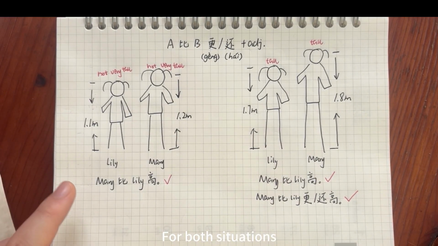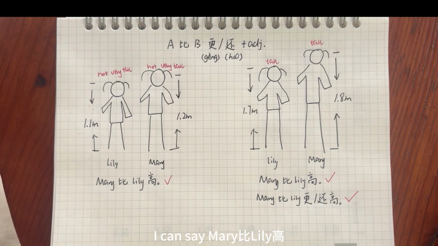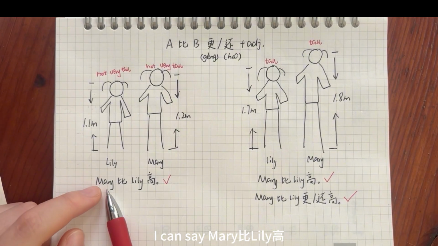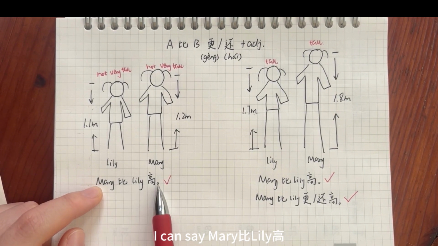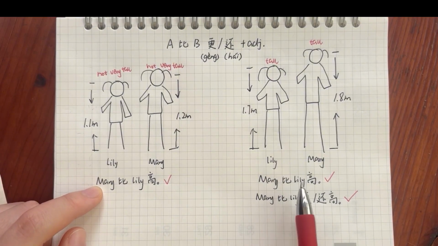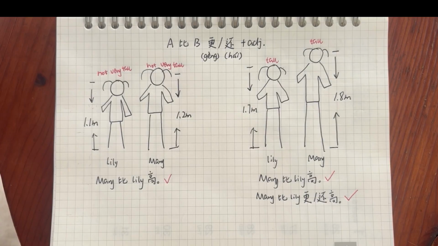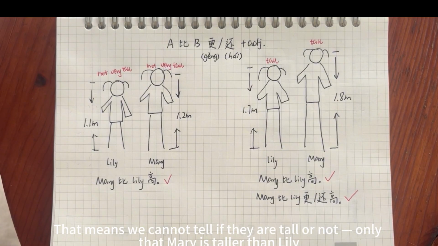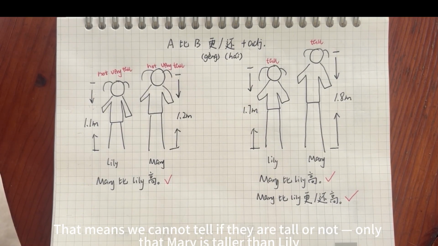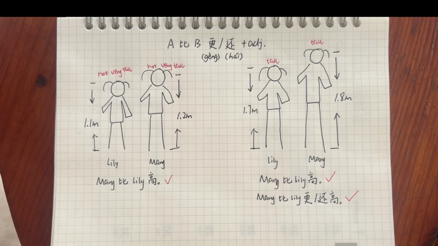So for both situations, I can use the sentence Mary 比 Lily 高 to describe both situations. And what does that mean? That means when we say Mary 比 Lily 高, we cannot tell if they are tall or not tall. As long as Mary is taller than Lily, we can use this structure.